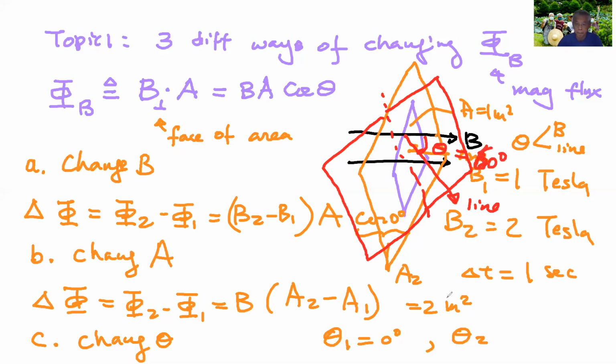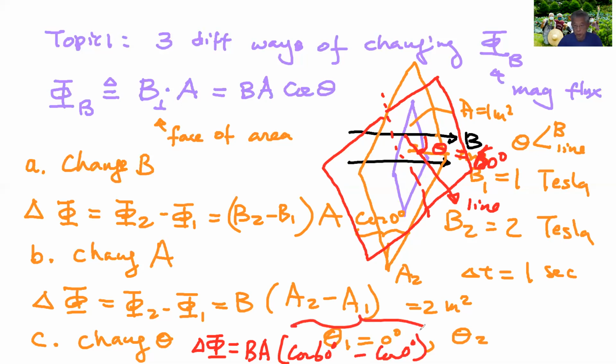So now this delta phi will be equal to BA times cosine 60 minus cosine 0 degrees. So this one here will be 1/2 minus 1, which is equal to minus 1/2. So your flux will be reducing. All right, so that's the flux changes.